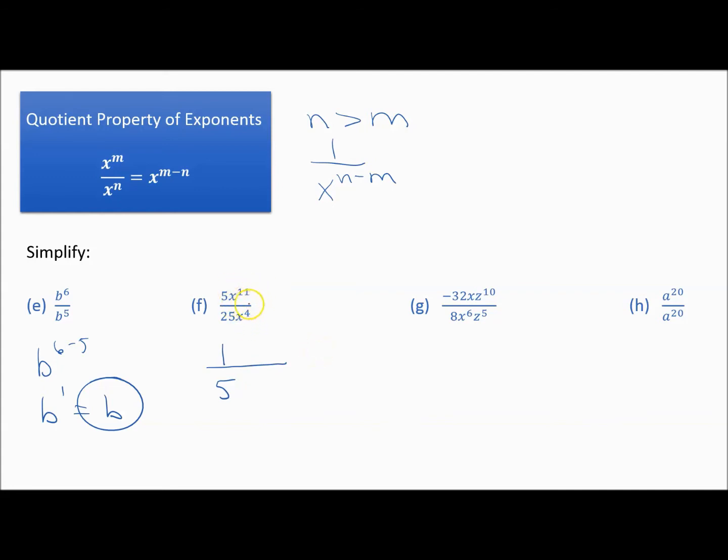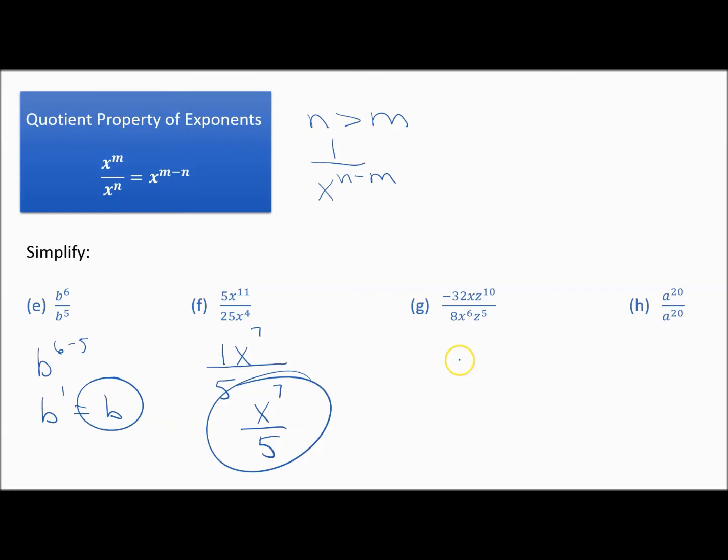The numerator is larger, so I'm going to say 11 subtract 4, so that's going to be x to the 7th. Now this 1 in front, we don't have to have that. It's a coefficient, an implied 1 in front of the x anyway. So 1 times x to the 7th simplified is just x to the 7th over 5. And that expression is completely simplified.